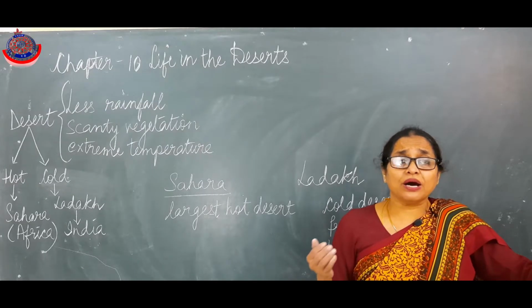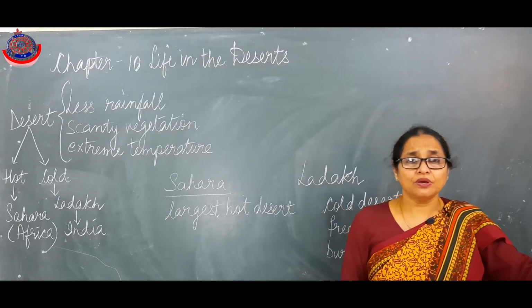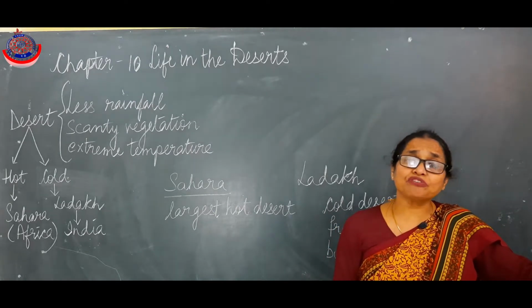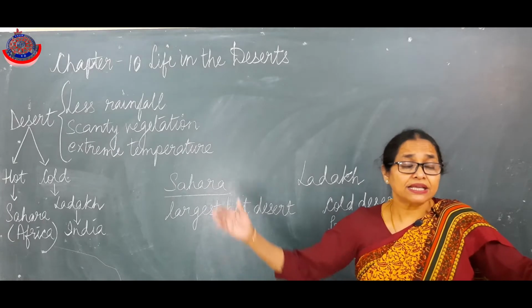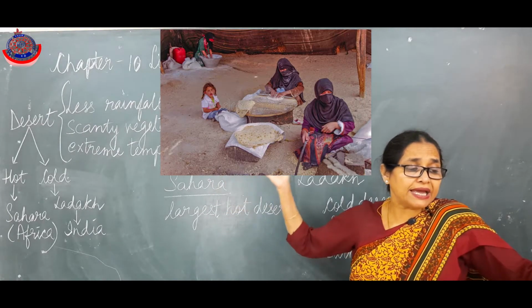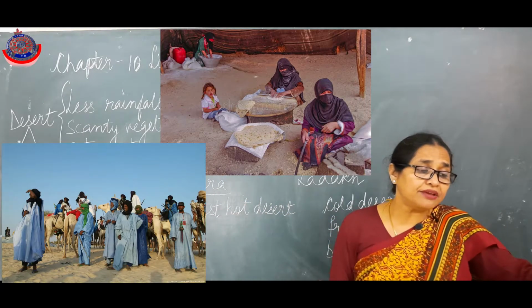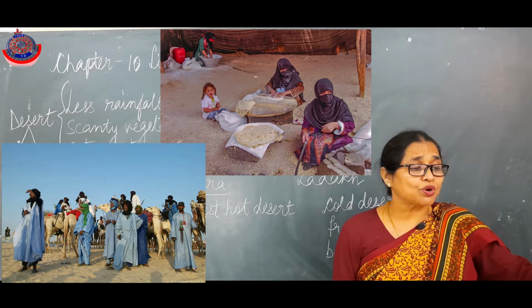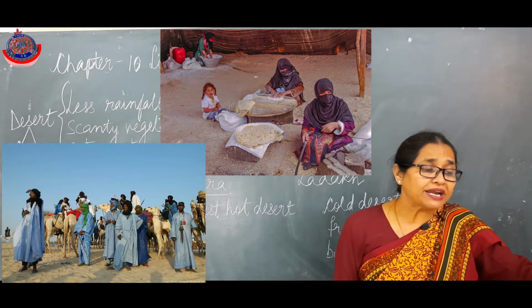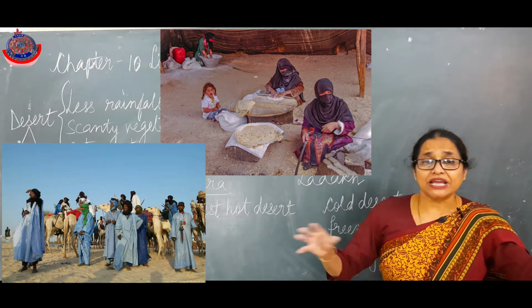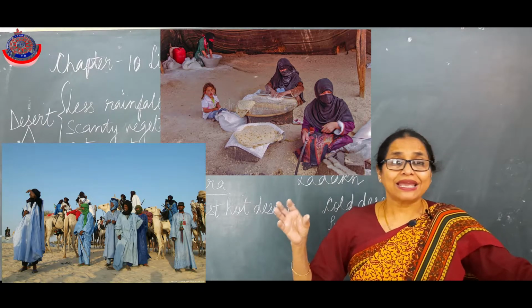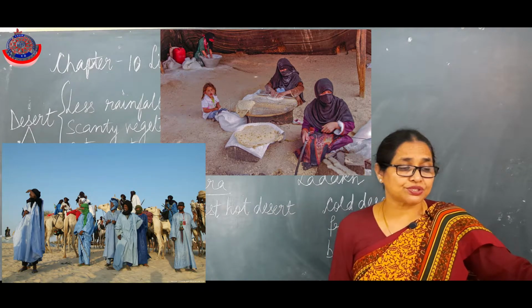Now, talking about the kinds of people who live in the Sahara Desert. Various groups of people such as the Bedouins and Tuaregs live in the Sahara Desert. These groups are nomadic tribes and they generally rear goats, sheep, camels and horses.